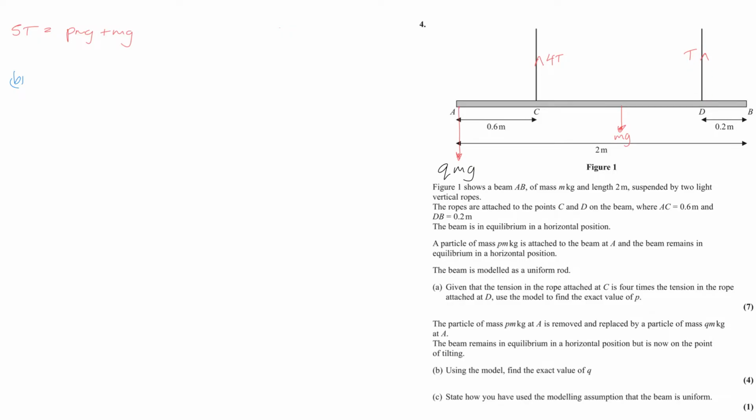So this T equals 0. So at this point, there's no tension in this rope or string, wherever it is. And this one could just be written as another tension there.